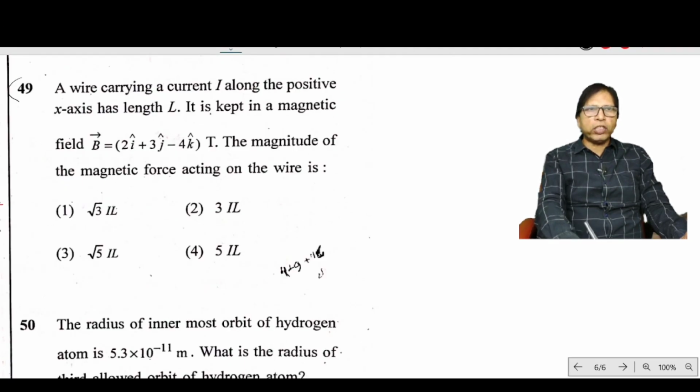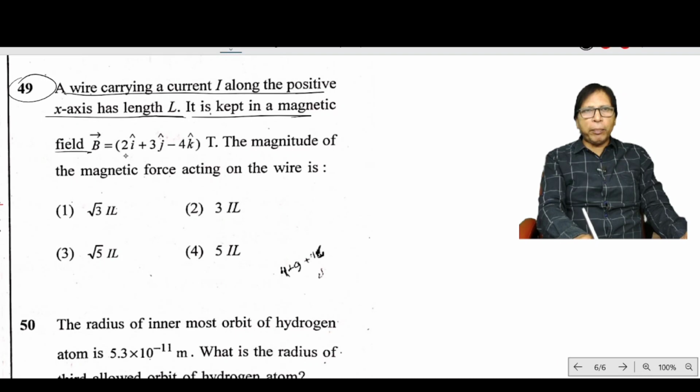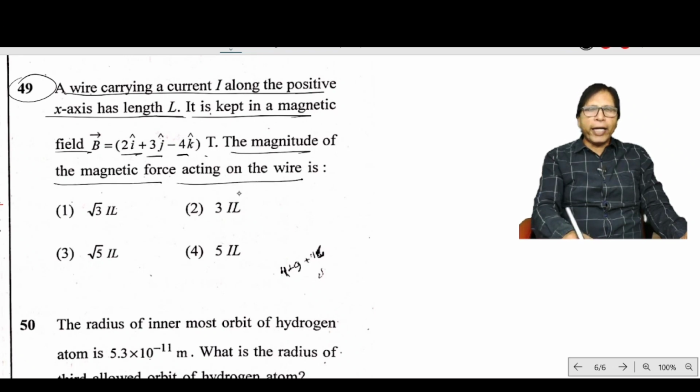Now question number 49. A wire carrying a current I along the positive x-axis has length L. It is kept in a magnetic field B equal to 2i cap plus 3j cap minus 4k cap Tesla. The magnitude of magnetic force acting on the wire is. Here the current is directed along i cap.